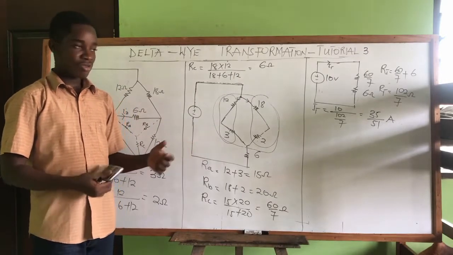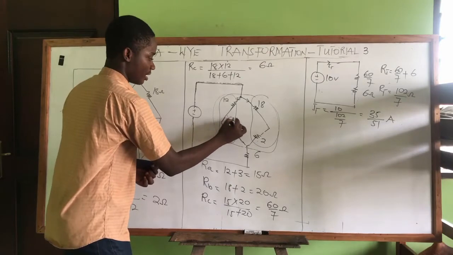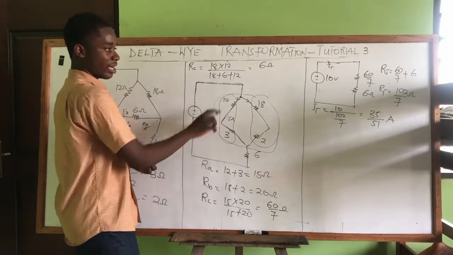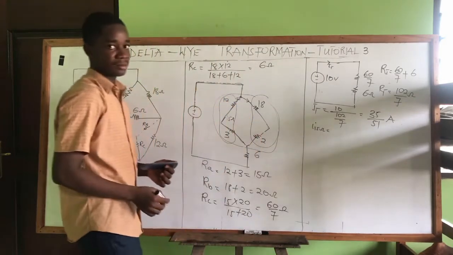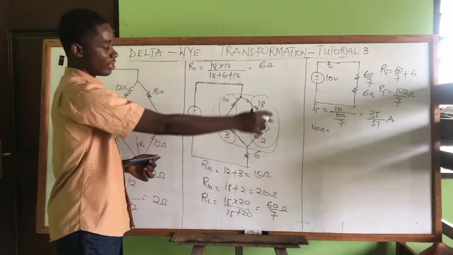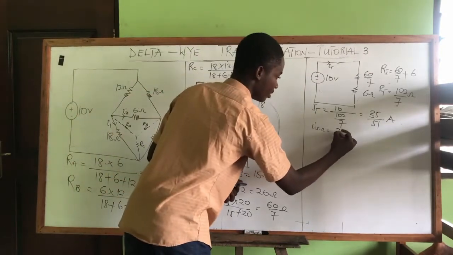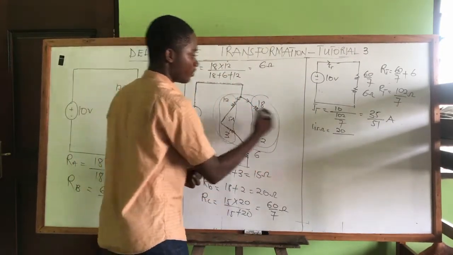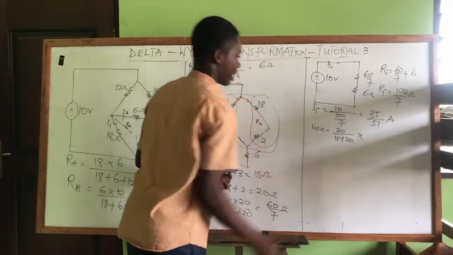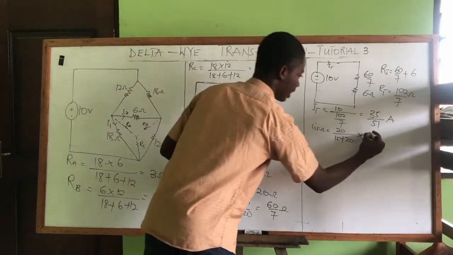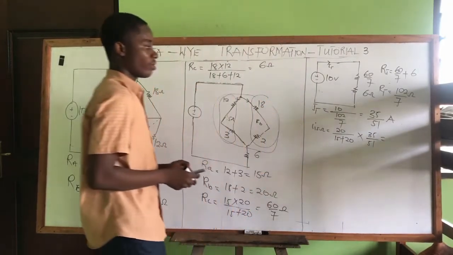So for us to get current in any of them, I have to apply the current divider rule. Let's say we want to calculate the current in the 15 ohms here. That's the RA. Current in 15 ohms will be the opposite, the RB 20 here, over the sum of those two, 15 plus 20, times the current they are sharing, which is the total current, 35 on 51.